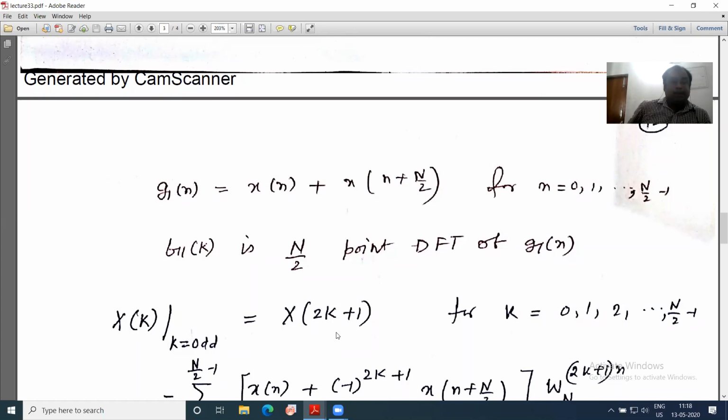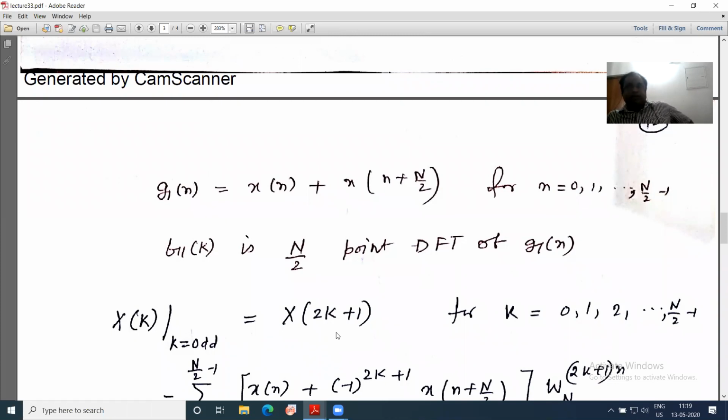What I have derived today are two DFTs of N by 2 points, namely g1 of k and g2 of k, from x of k, which is essentially an N point DFT. Suppose you have x of k with N points, then g1 of k and g2 of k are N by 2 points.